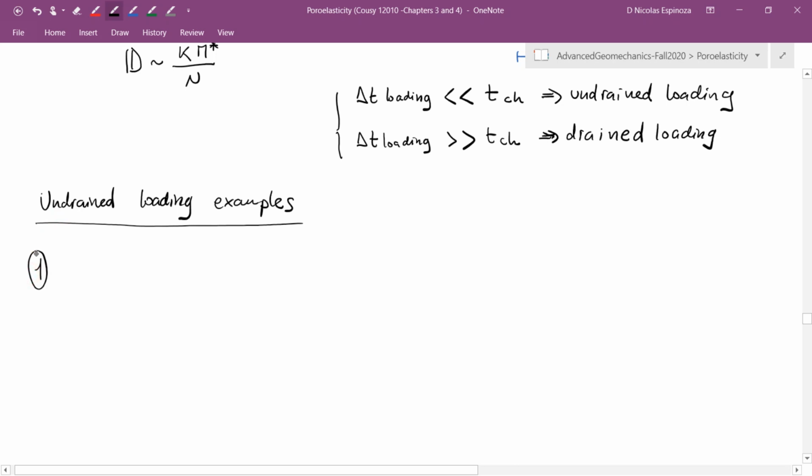Example number 1 is something which is called liquefaction.